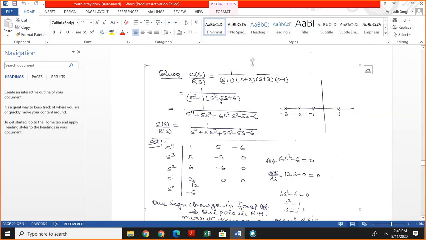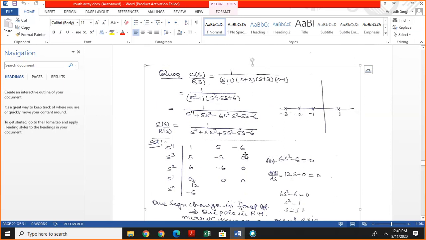We multiply these factors, and we get the final transfer function of this system.